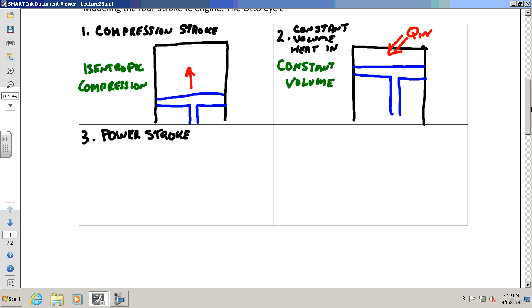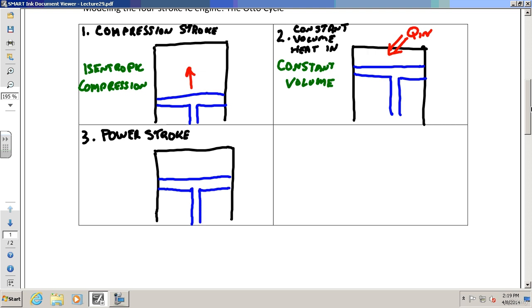Okay. The power stroke. This is where you get your power. This is the only part of a four-stroke engine that actually does what we want it to do, okay? And so what we have with the power stroke is an isentropic expansion.